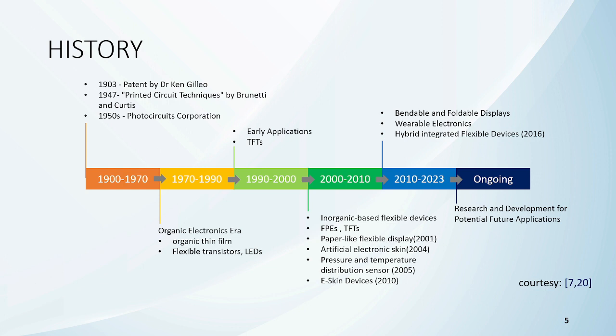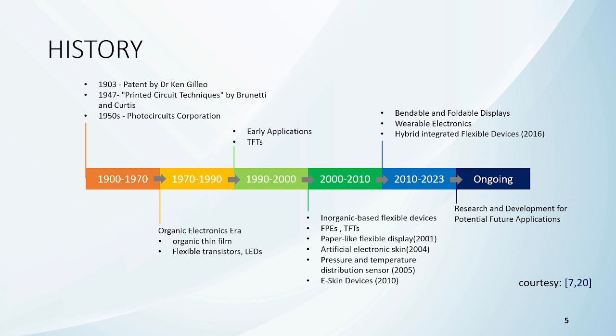From 1970 to 1990, the organic electronics era changed the face of flexible electronics. Organic thin film electronic devices were developed. These are flexible devices made up of organic substances.